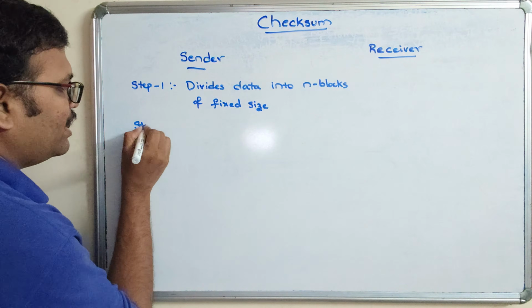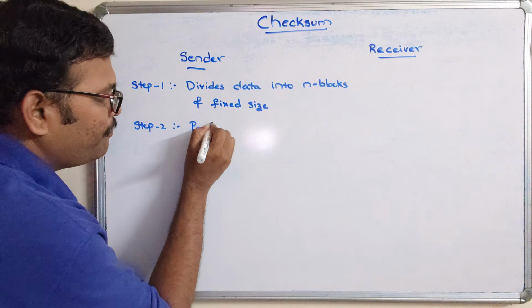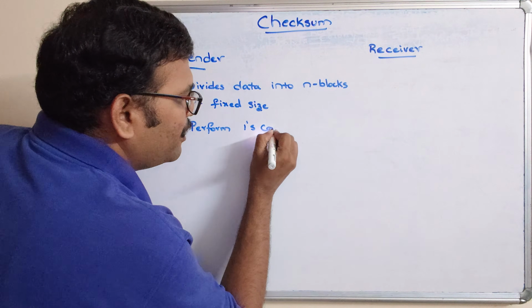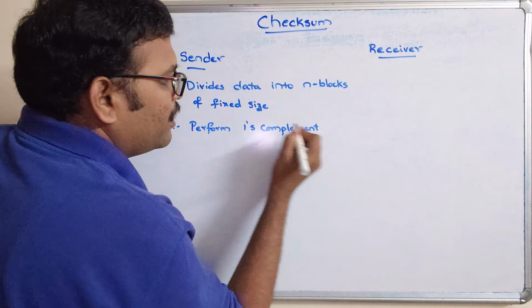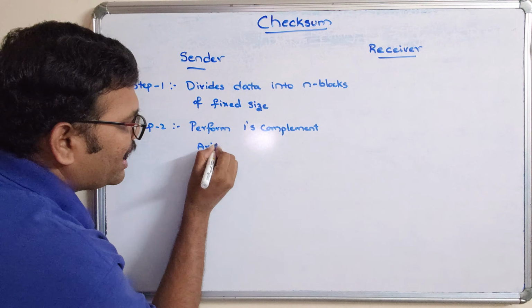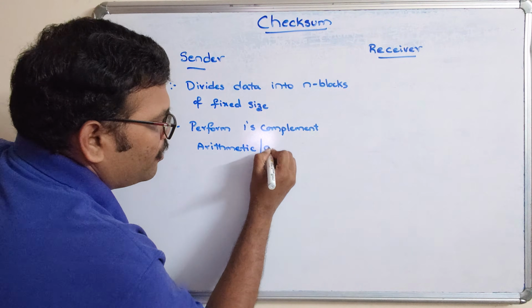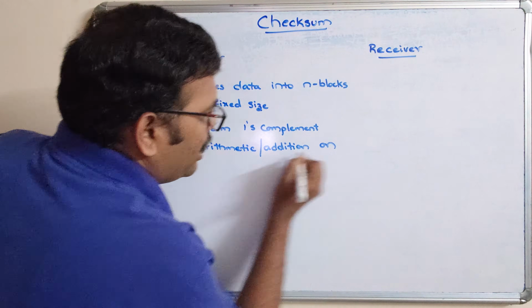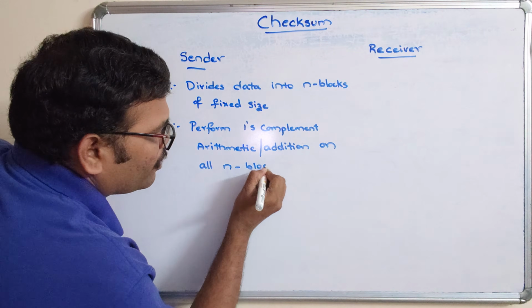And after that, step 2: perform ones complement arithmetic addition on all n blocks.